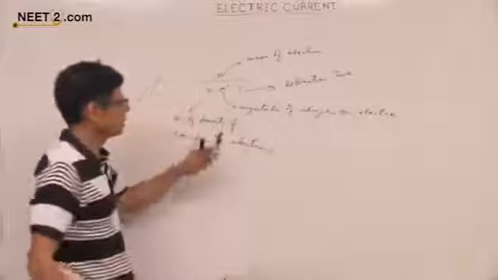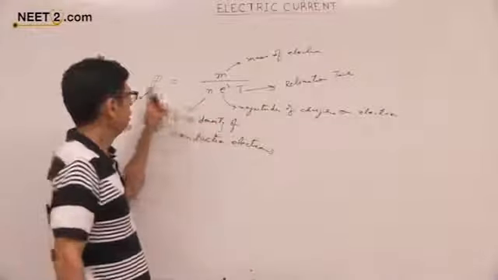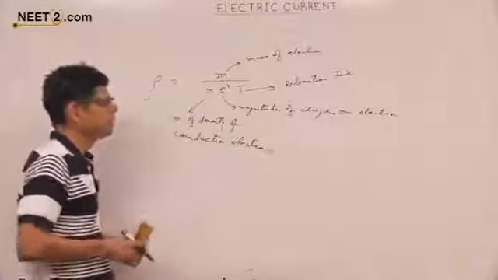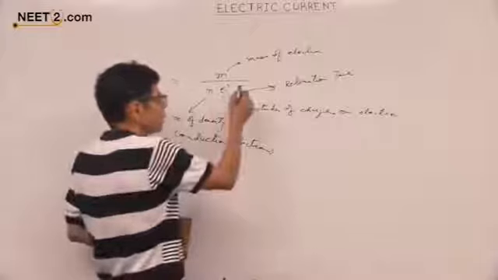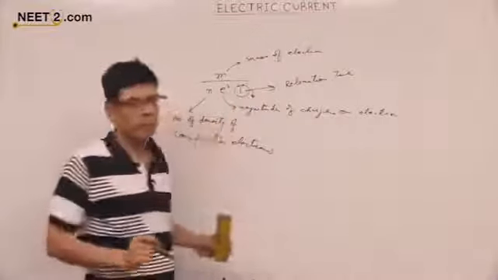This formula tells us that if you increase the temperature, the resistivity of a conductor will increase. It will increase because relaxation time tau will go down upon increasing the temperature.